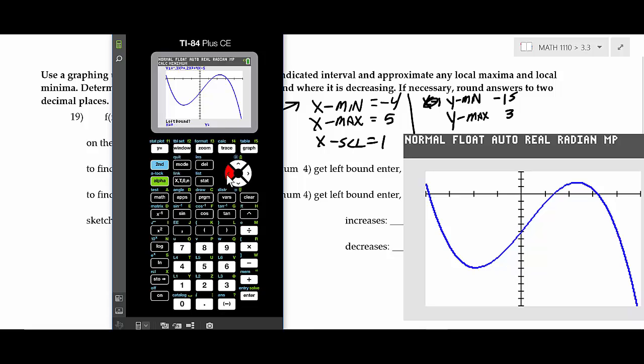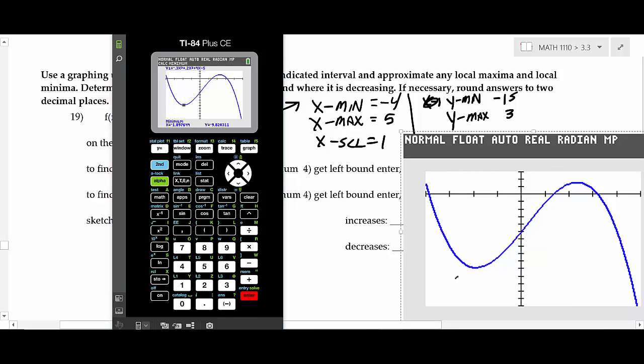It's going to ask for a left bound, so get a little bit to the left of where that is, then press enter. Usually on most of these calculators a line comes out, unless you have like the 83. Then right bound, go a little bit to the right and press enter. Usually another line comes out. When it says guess, press enter again, and then we'll record what that is.